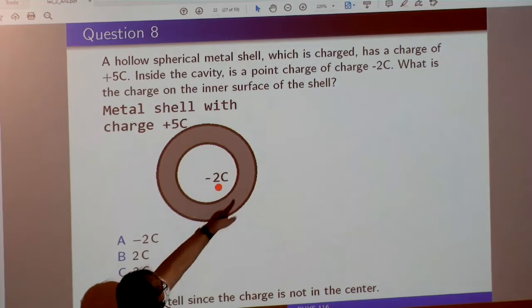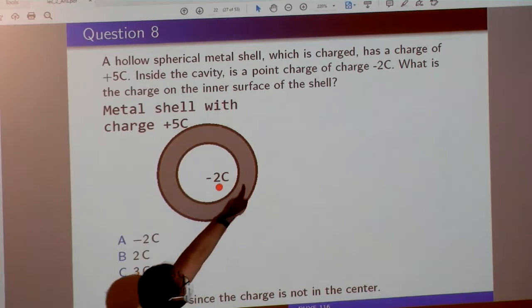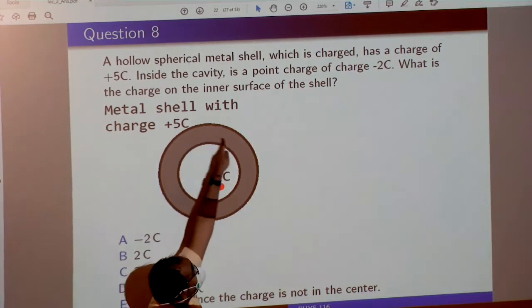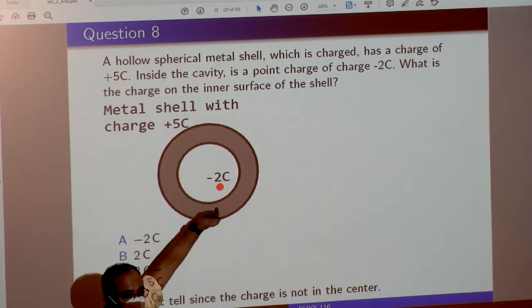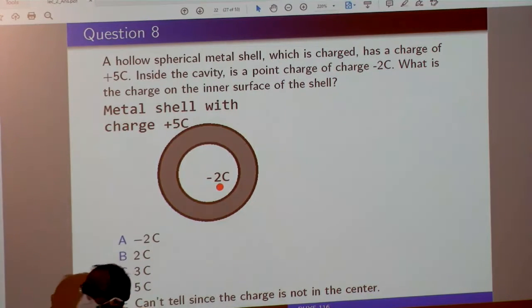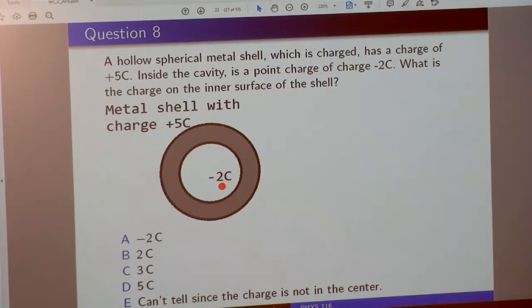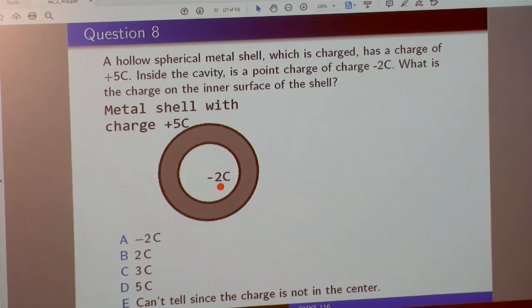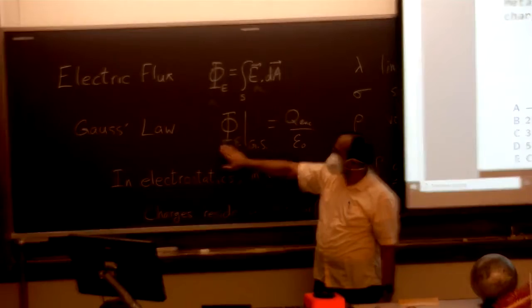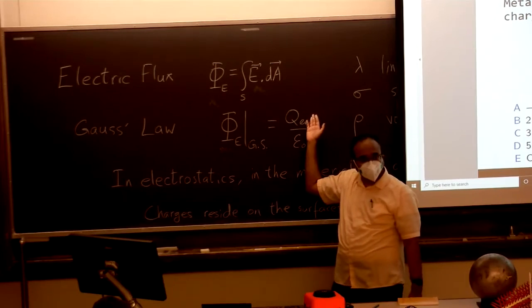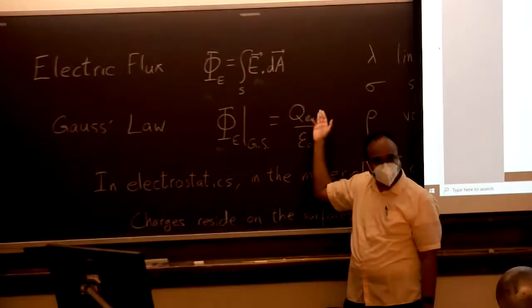If we draw a Gaussian surface here, the field has to be 0 because we're passing through the material of the conductor. Right. So Gauss's law tells us, well, first by the definition of flux, we can see that if the electric field is 0, the flux is 0. And then Gauss's law tells us, oh, if the flux is 0, the charge enclosed must be 0.